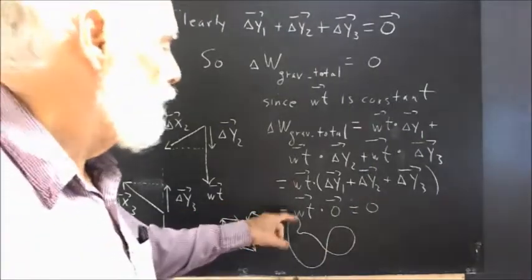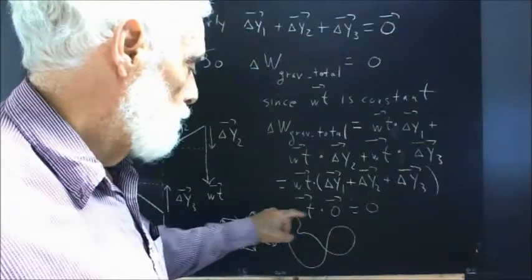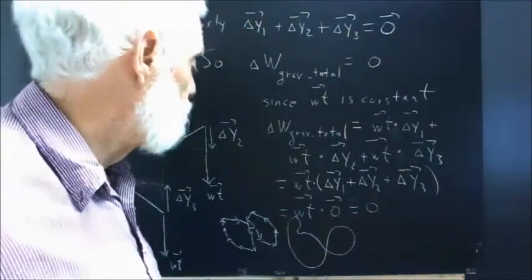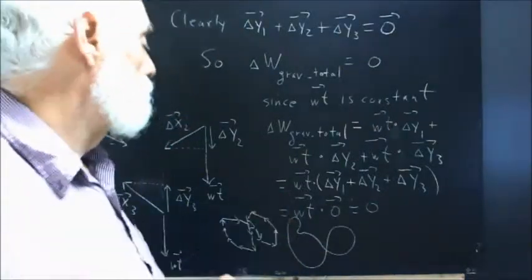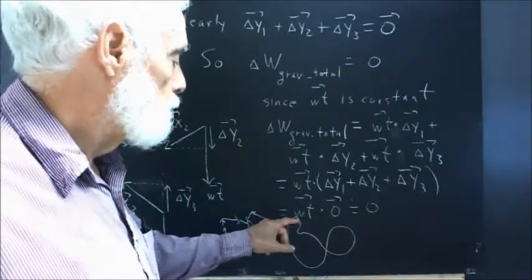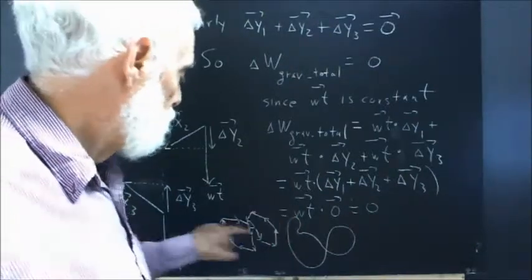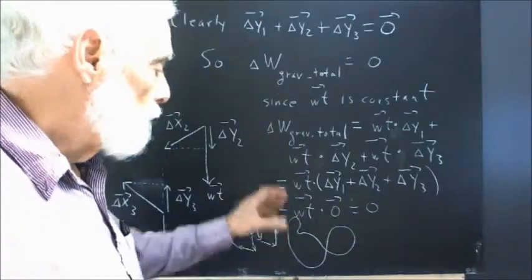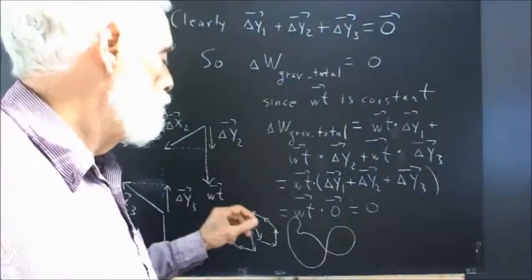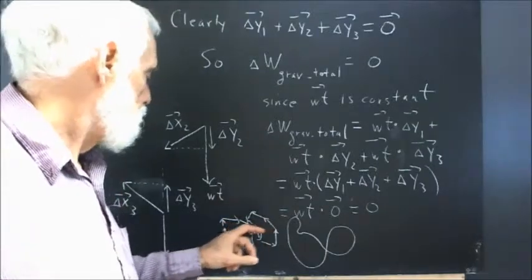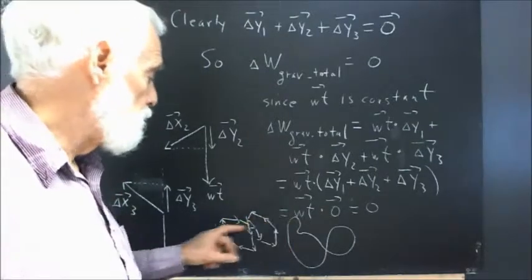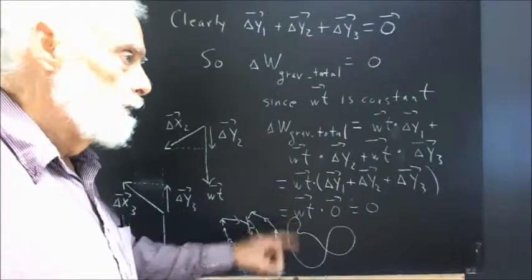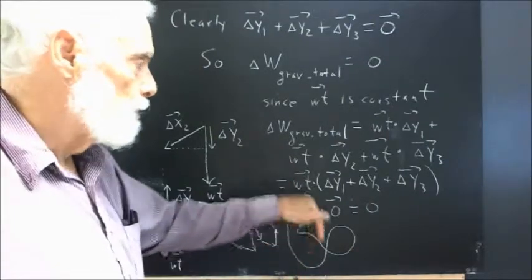Well, if we have a closed loop, if we start at one point, move around the loop to another point, back to the same point, we could break this into very short intervals and have a lot of little vectors here. And the little vectors would always, no matter how short the intervals we use, have y projections that add up to 0, because the weight vector is always the same.